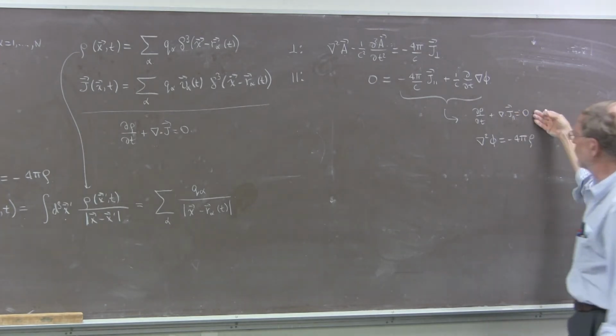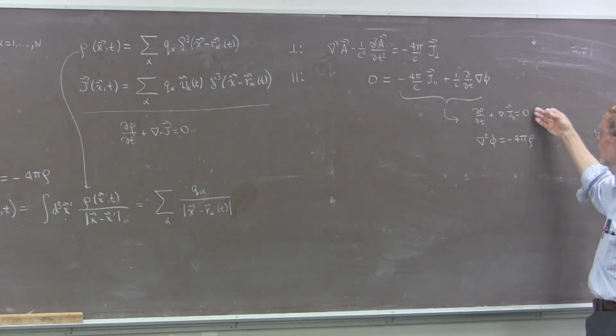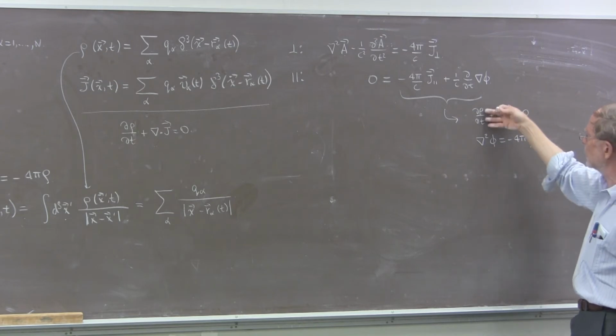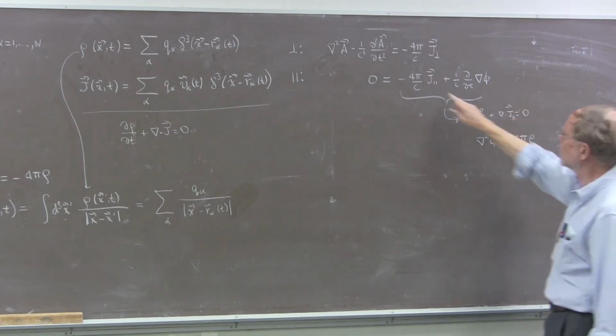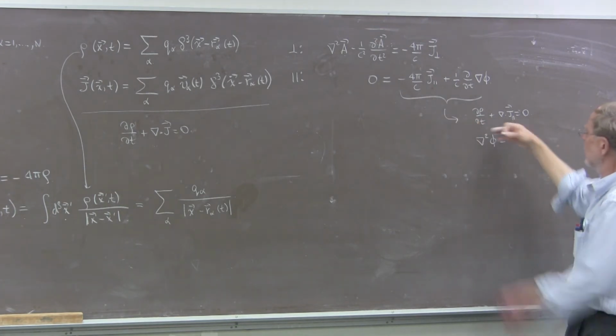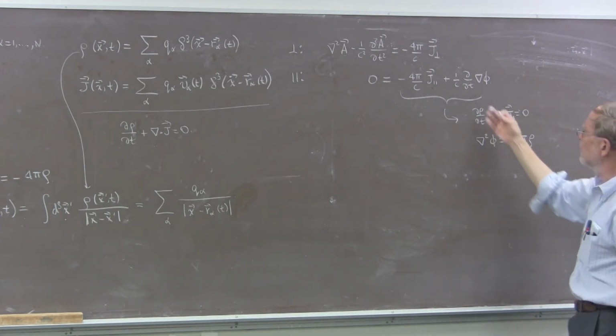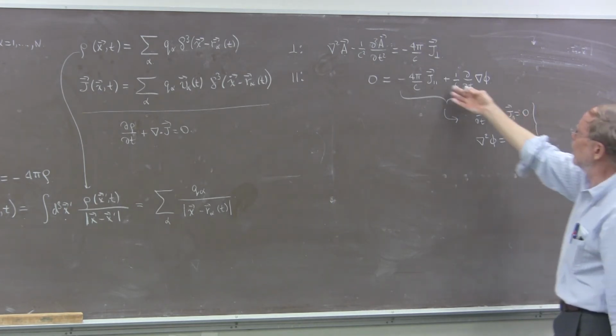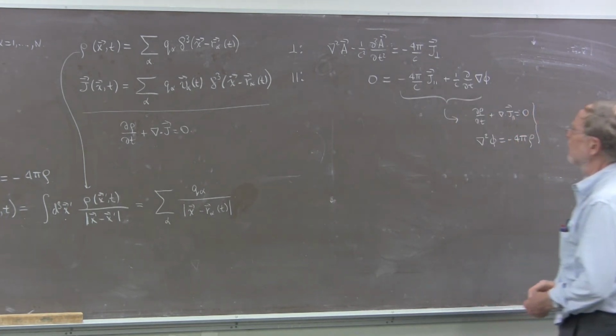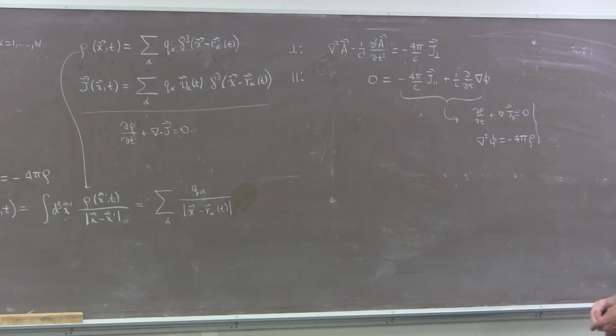It won't change the continuity equation. And what you see then is the continuity equation is connecting the time derivative of the charge density with the longitudinal part of J. That's just what appears here. And so this is just a way of making it plausible that these two equations combined together give you the longitudinal part of our wave equation.